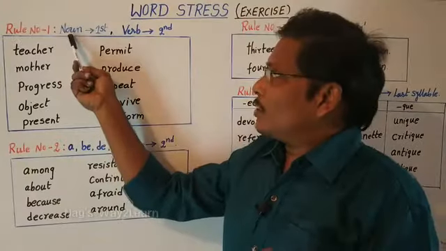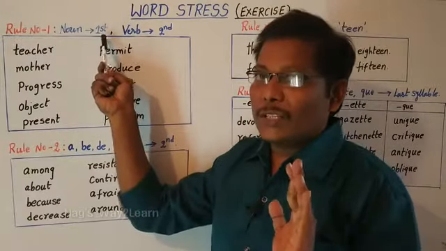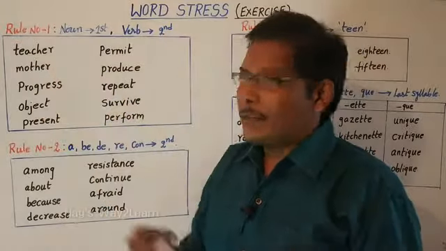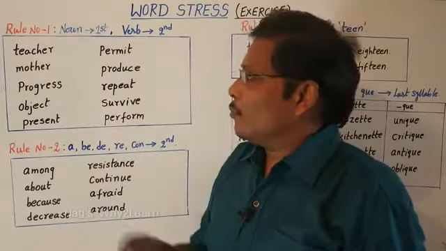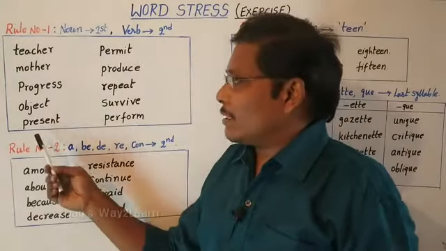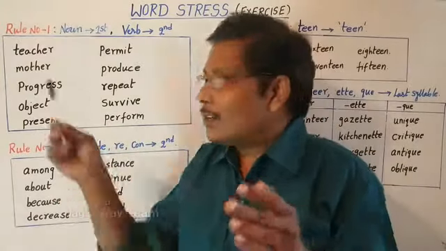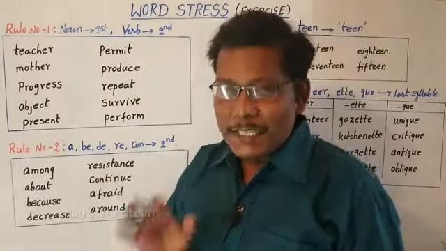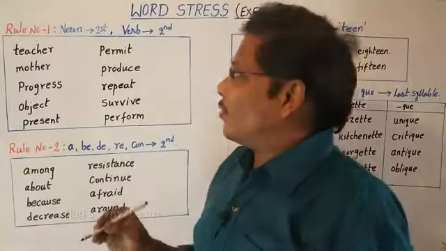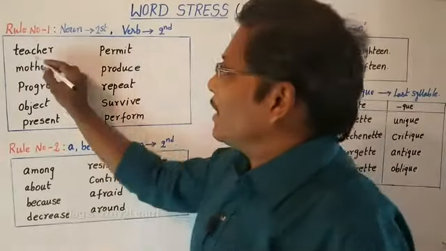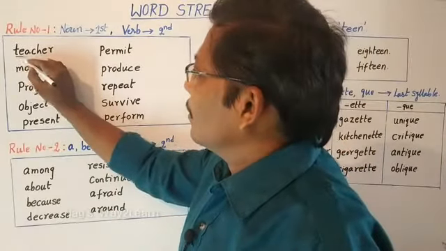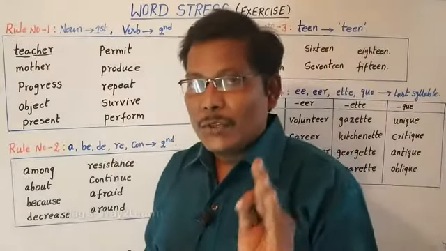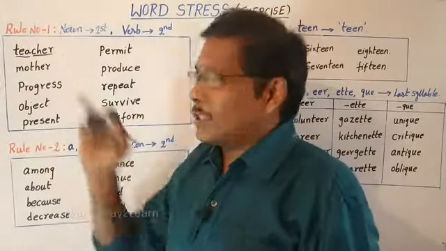So for nouns, the stress is generally on the first syllable. For example: teacher, mother, progress, object, present. These are nouns. Let us see the first one, teacher. In this word there are 2 syllables, tea and cher.